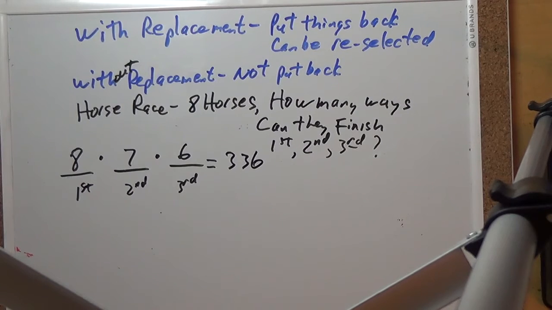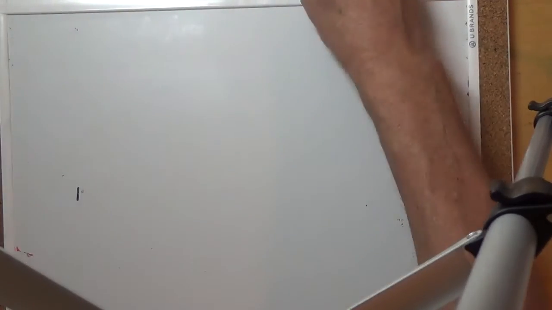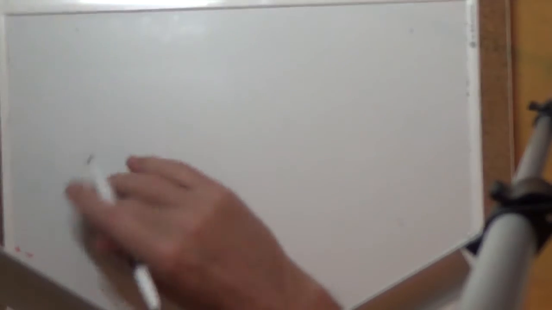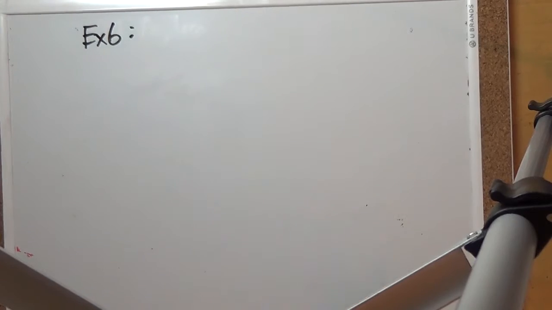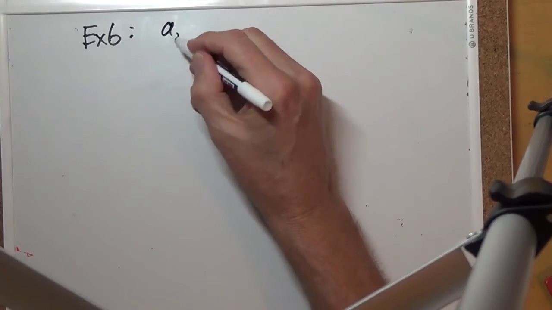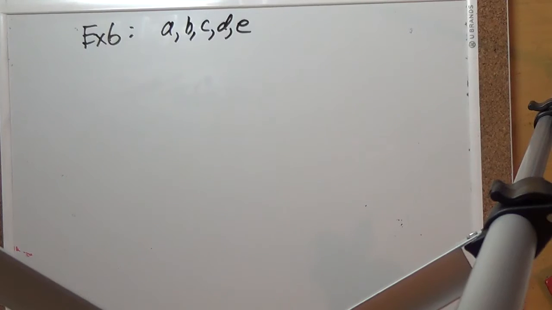Okay, I'm going to finish with example 6. Well, we've got the letters A, B, C, D, and E. So we have these letters.